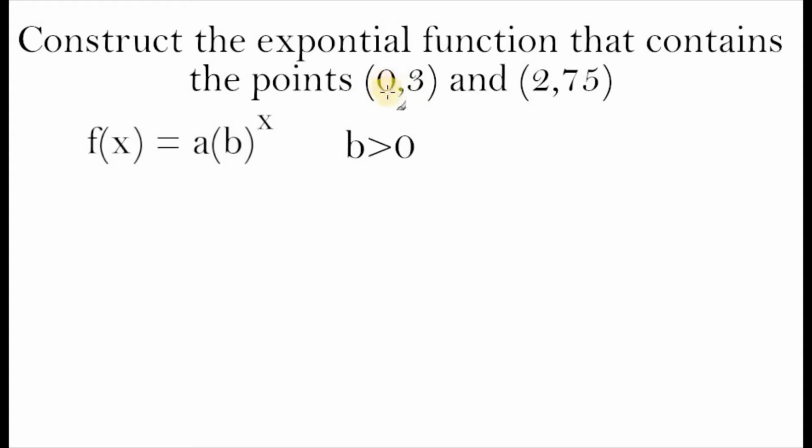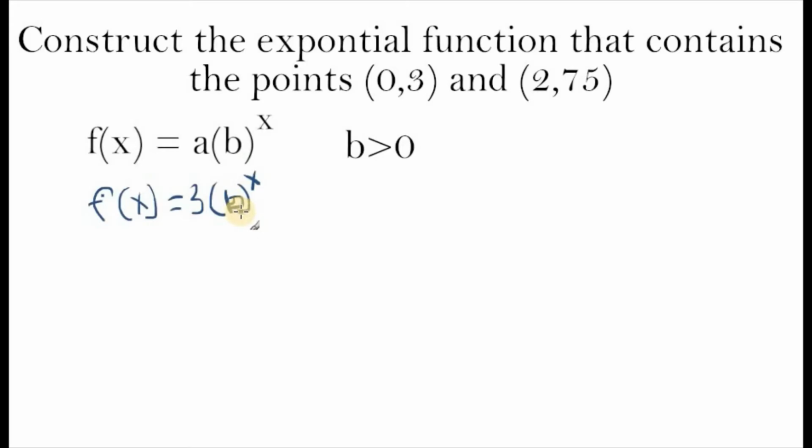Anything with 0 in front of it will give you the y-intercept. So we're going to plug in 3. So you'll have f of x is equal to 3 times b to the x power.